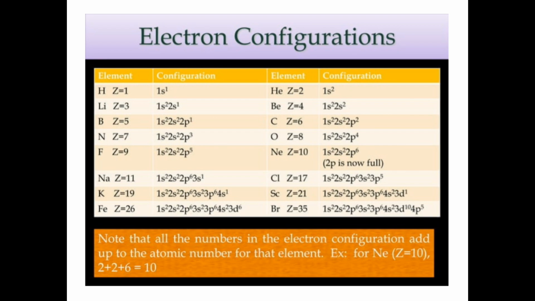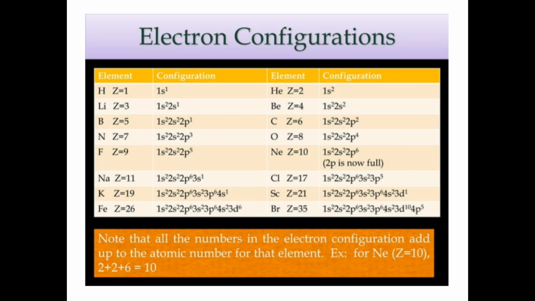Okay, now we can do that for all others. For hydrogen you have 1s1, helium 1s2, lithium 1s2, 2s1, beryllium 1s2, 2s2, and so on up till about scandium, titanium, and the like.